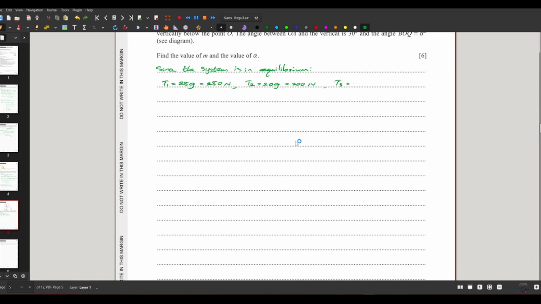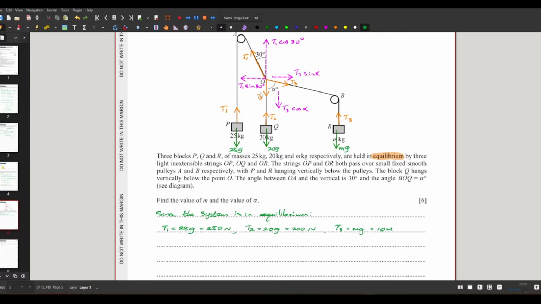So G is 10, so we can write 10m. Okay. Now, our target is to find m and alpha.